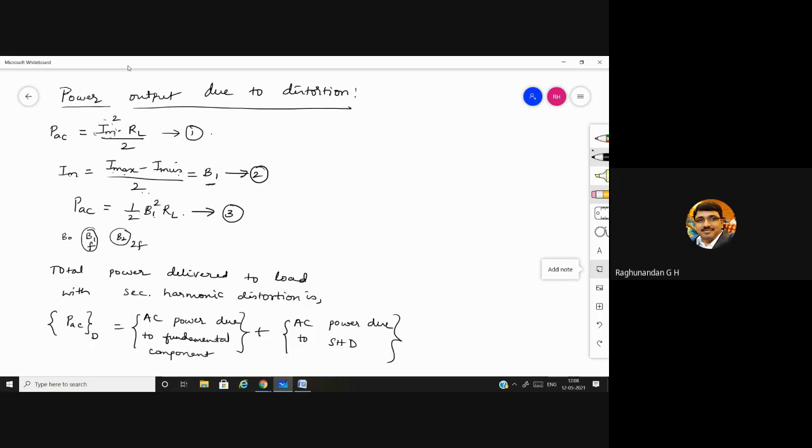So total power is a composition of both the power due to the fundamental component and the power due to harmonic distortion.